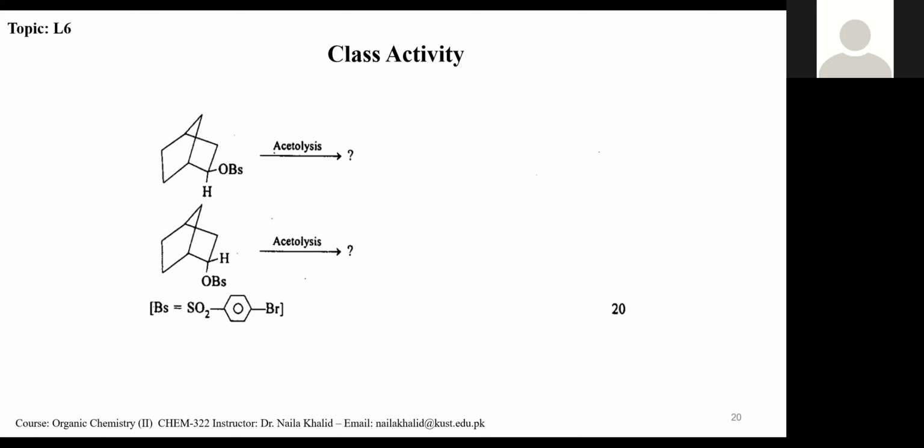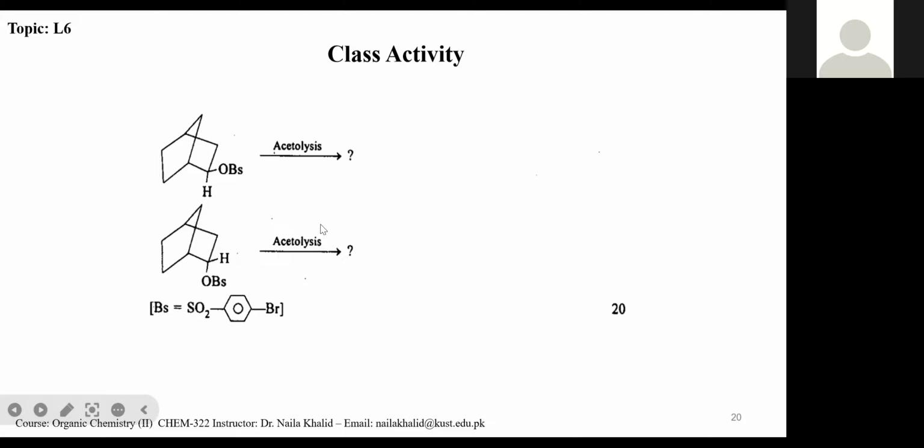Here is the class activity. So this is the para-bromo benzene sulfonyl group, BS. So OBS is also a very good leaving group. Acetolysis of this, you have to treat it with acetic acid. Then you will see what type of products are formed.